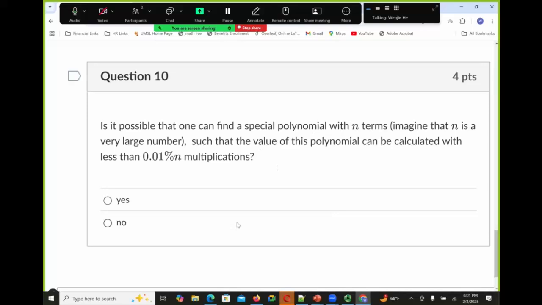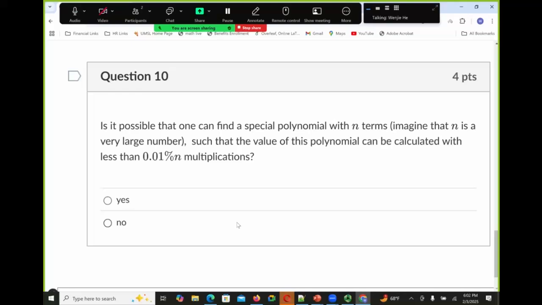You're allowed to use a special polynomial, but you need to make sure that it has n terms. But you can still use 0.01% of n multiplications to find its value.